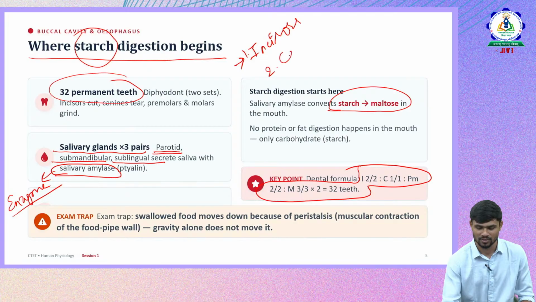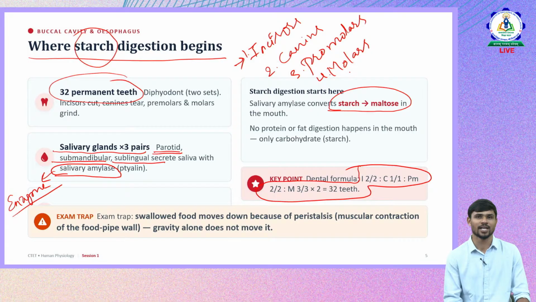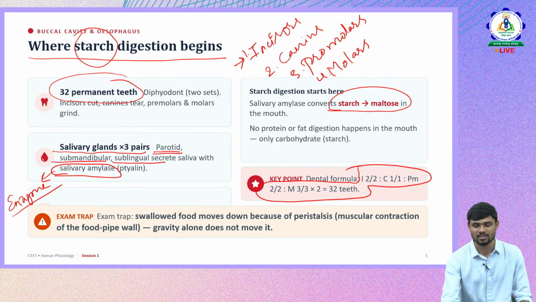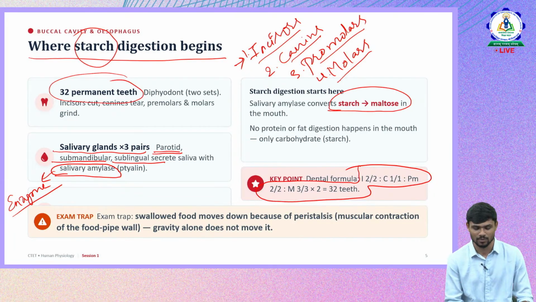Then we have canines. Then we have premolars. Then molars. So these are the four different teeth that we have, and this is the dental formula. Please remember the dental formula: how many incisors are there, how many canines are there, how many premolars are there, how many molars are there. Total 32. So in that, how many of these are there, we have to remember.